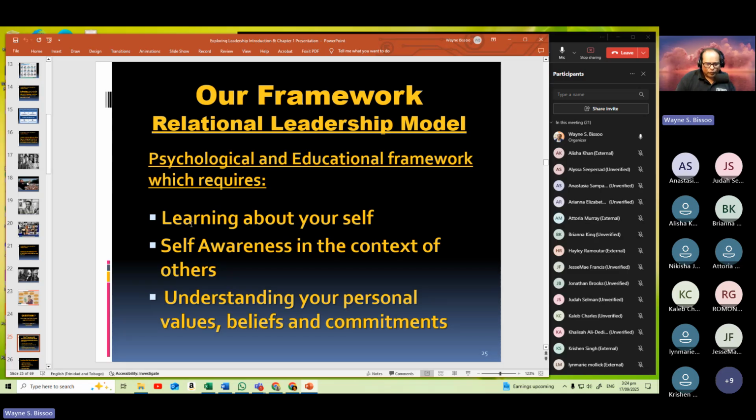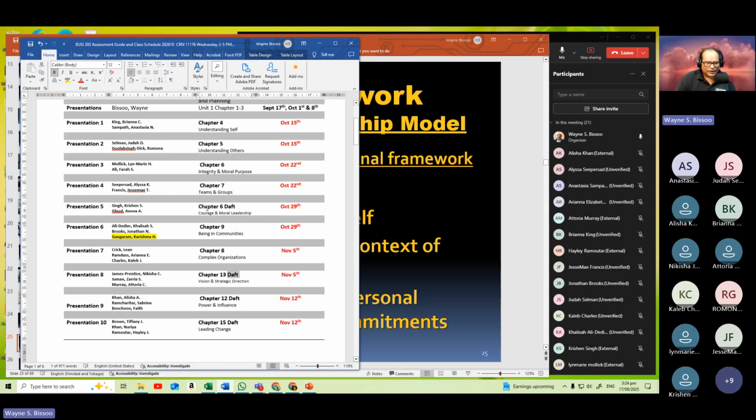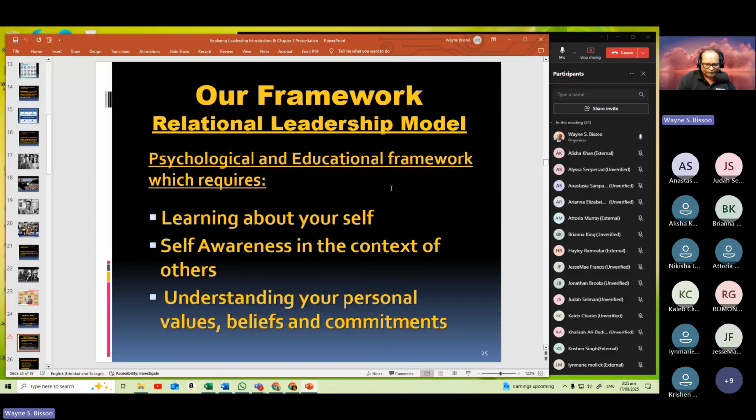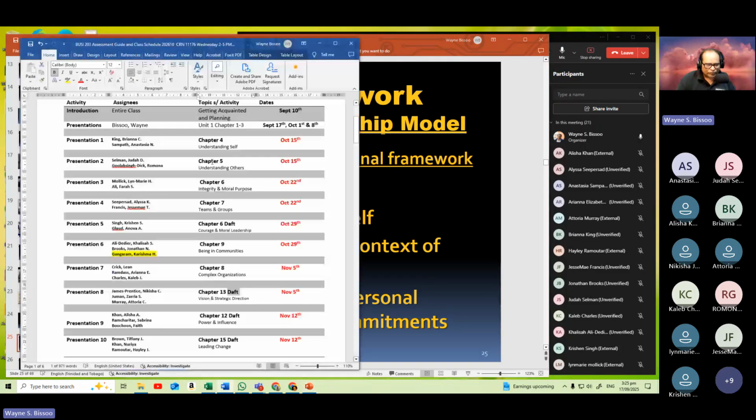It's going to require learning about yourself. So if we look at the presentations that are coming up, the first presentation that students are going to be teaching will be the first chapter here, chapter 4, understanding self. That'll be related to this outcome here, self-awareness in the context of others. That's another presentation we're going to be looking at: understanding others, chapter 5.